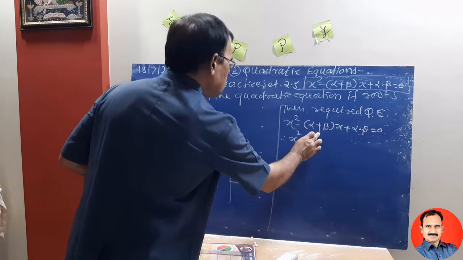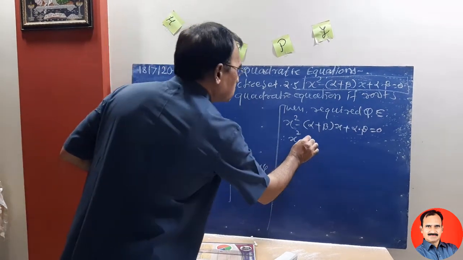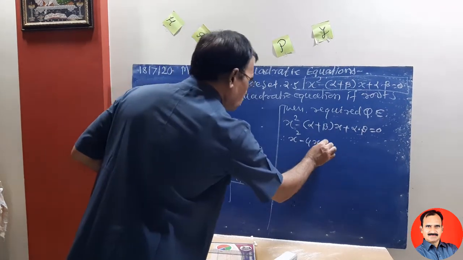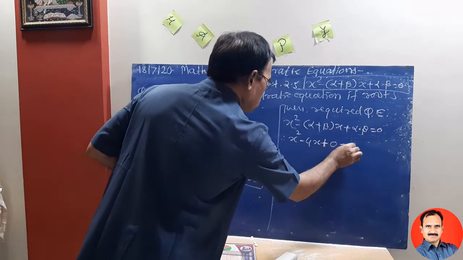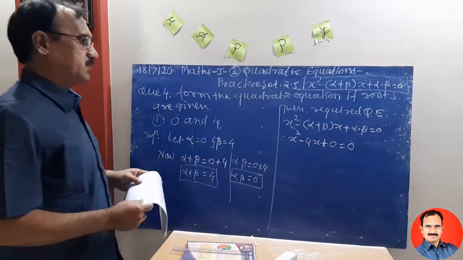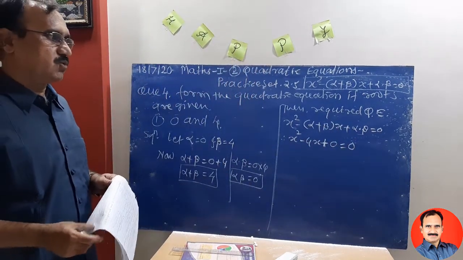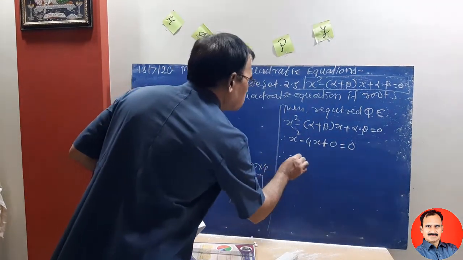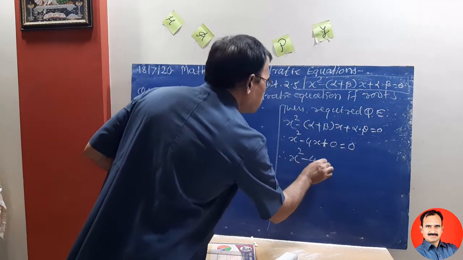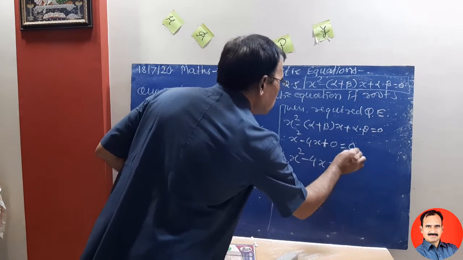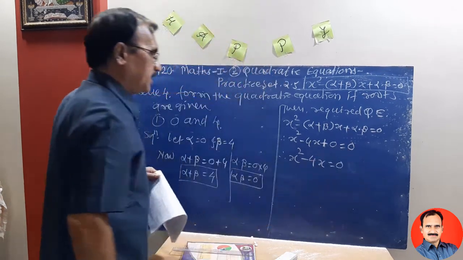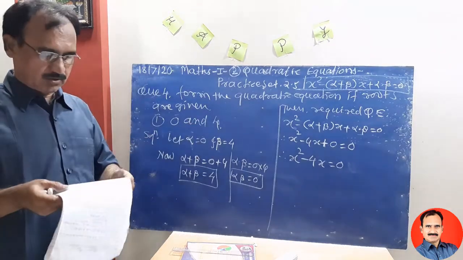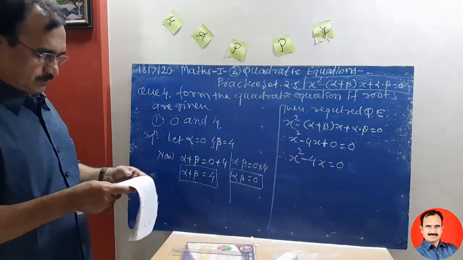X square minus alpha plus beta is 4, x plus alpha into beta is 0 is equal to 0. X square minus 4x plus 0 is equal to 0, or x square minus 4x is equal to 0 is the required equation from these roots 0 and 4.